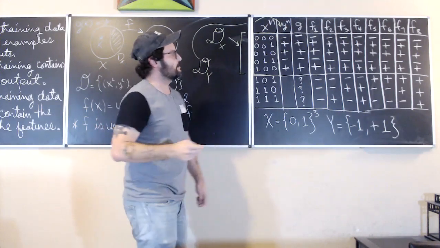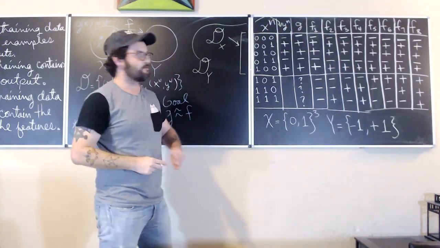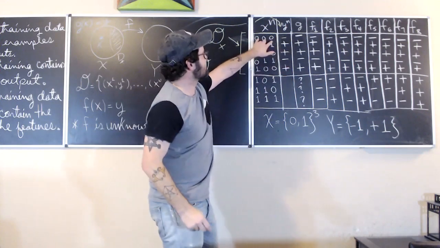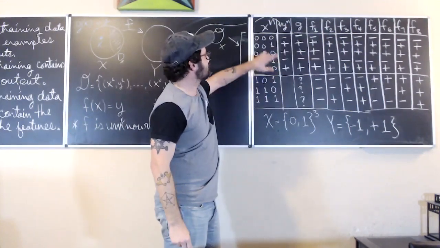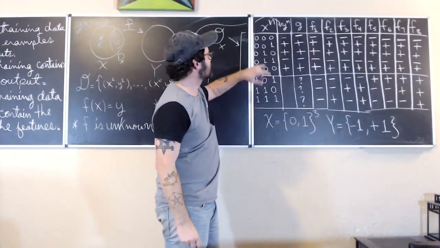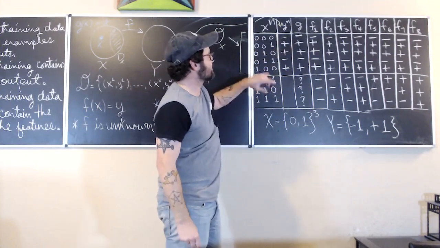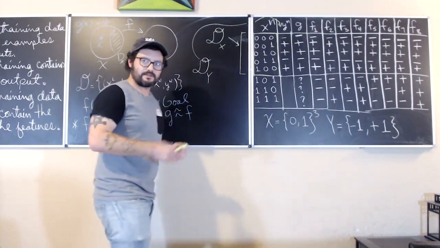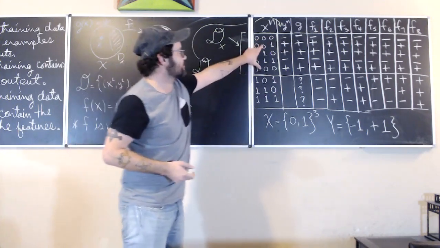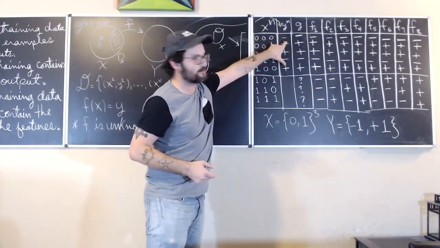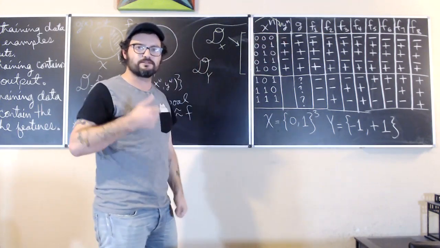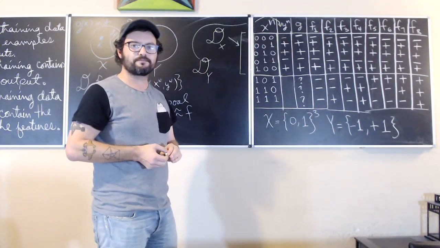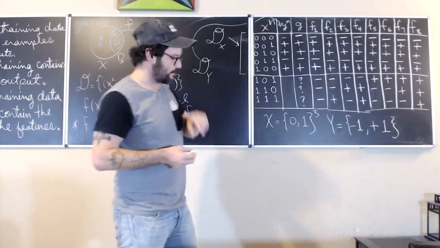So we know the labels for that data. 0, 0, 0 is -1, 0, 0, 1 is +1, 0, 1, 0 is +1, and so on. Okay? Does that framework make sense? That this is our data features, these are our data labels? Yes, no? Yeah, that makes sense. Okay.